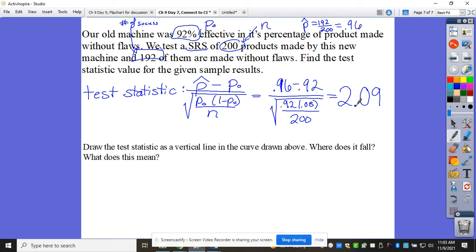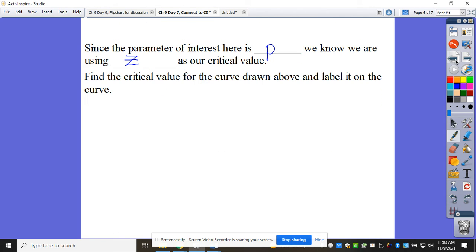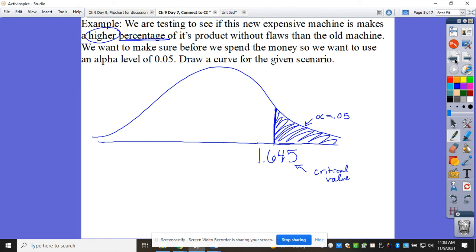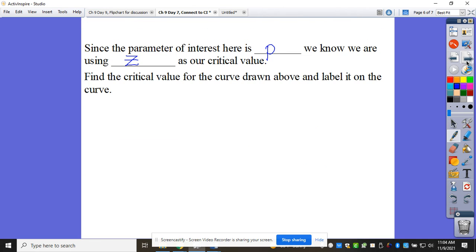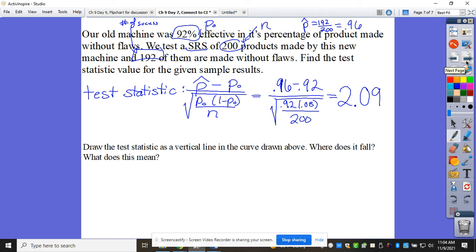Everybody with me? So instead of going to a p-value, I can directly compare this to what I've already done. So this is telling me an alpha of 0.05 means I am cutting off where I would reject or not reject at 1.645. So where does this fall?